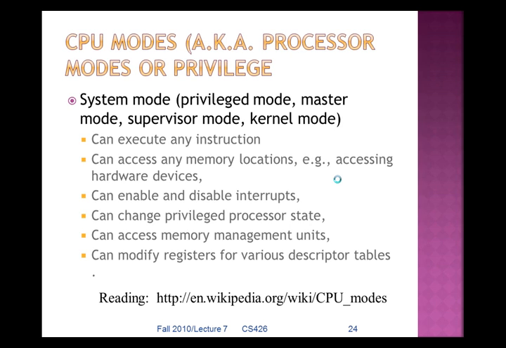Then it can change the privileged processor state, and it can access memory management units. There are multiple methods for managing memories, like base, segmentation, caching, so system mode can access memory management units also.